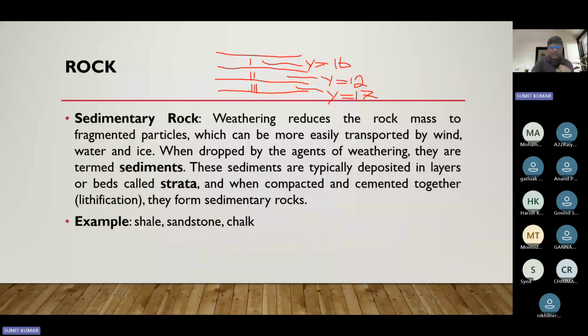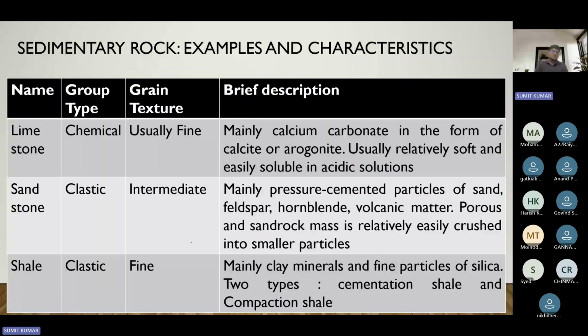Examples of these are shale, sandstone, and chalk, and again we will discuss their characteristics. As we read in igneous rocks, granite, basalt, and gabbro are there. Over here limestone, sandstone, and shale are there.